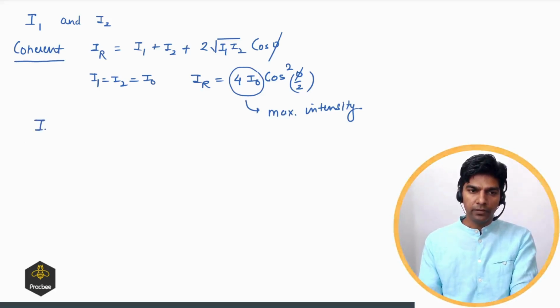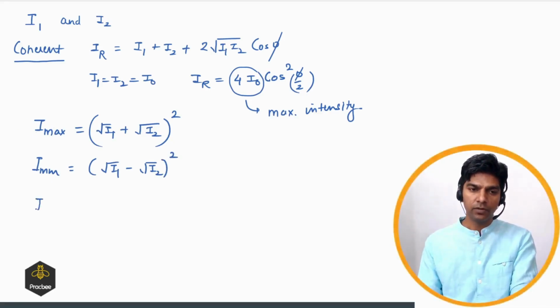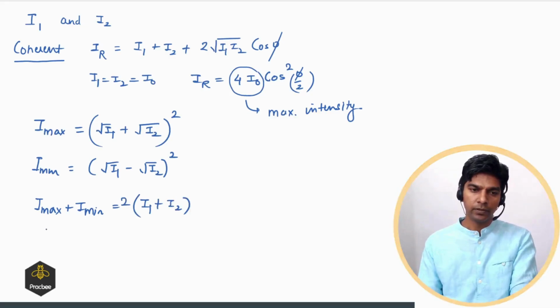And if you want to find the maximum intensity, the general formula will be root of I1 plus root of I2 whole square, and the minimum intensity will be root of I1 minus root of I2 whole square. And if we add these two, I max plus I min will be 2 times I1 plus I2.